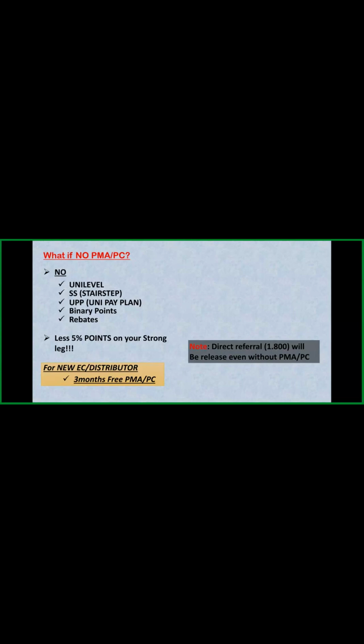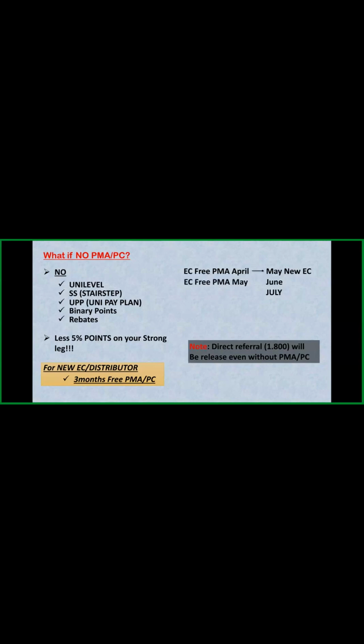And this is how it works. Let's say you join the business in the month of May. So May, you will not be required to do PMA for the month of June. That is your first free month. So kama uli join May, you will not be required to do PMA for the month of June. June, you will not be required to do PMA for the month of July.